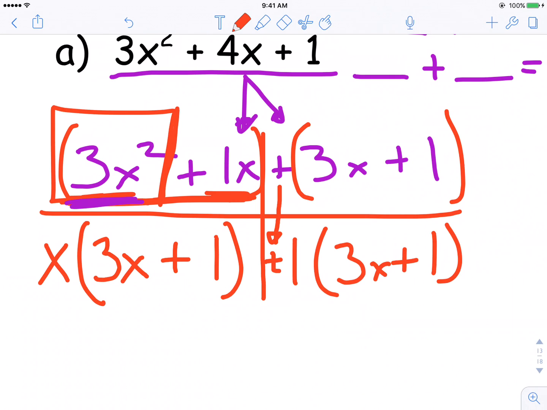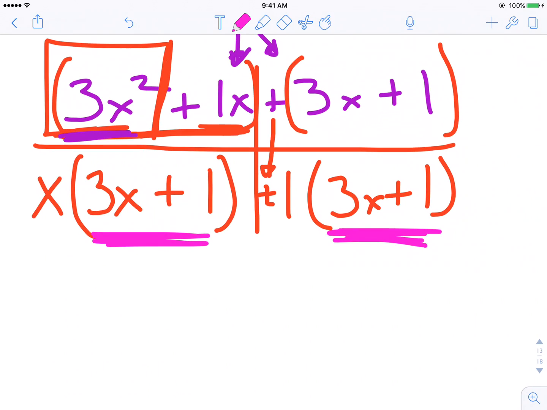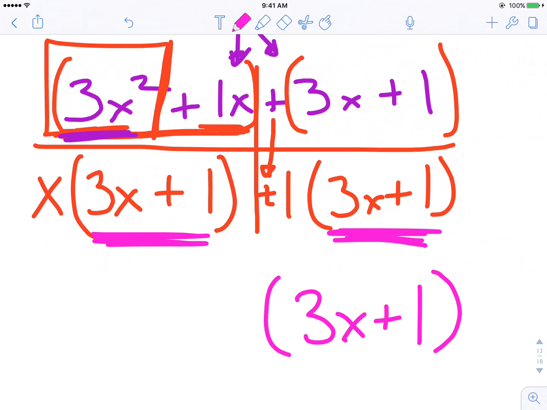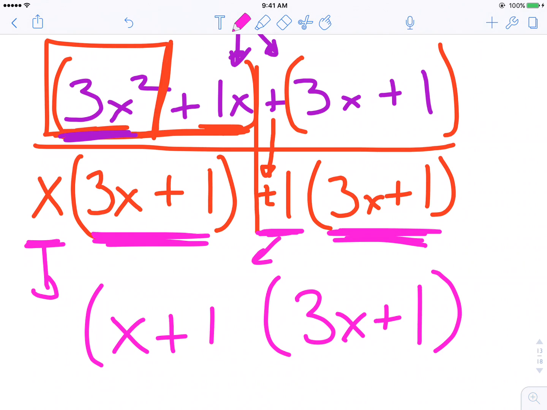Now, lo and behold, look what happens here. This and this end up being the same. So this, 3x plus 1, is one of my factors. My other factor comes from what I factored out, x and plus 1. Remember back when we were talking about using the distributive property to split up a binomial times a binomial?